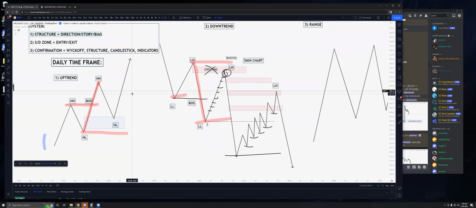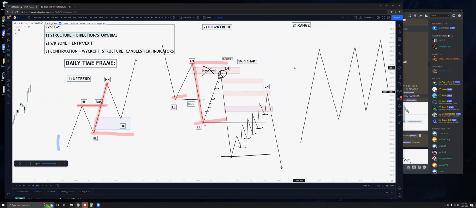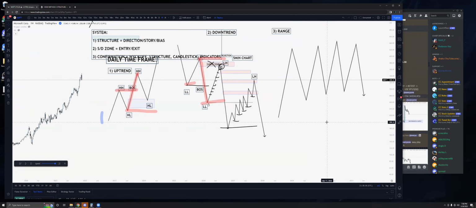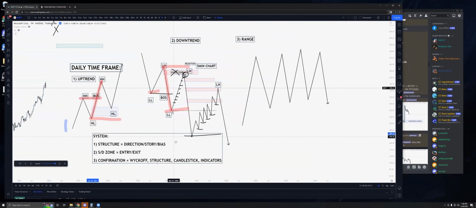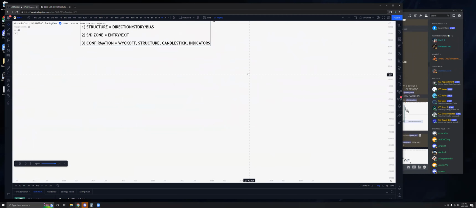Like I said, I'm just teaching you guys the system, and I'm going to break it down even more. I'm just showing you a glimpse of how structure works. Let's scroll down and come down even lower.